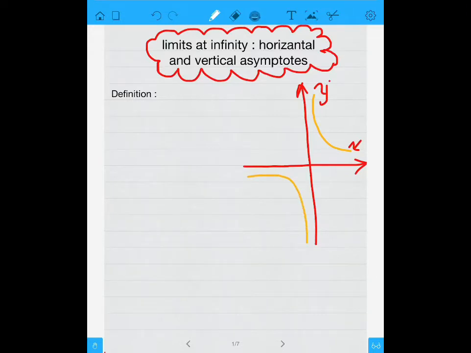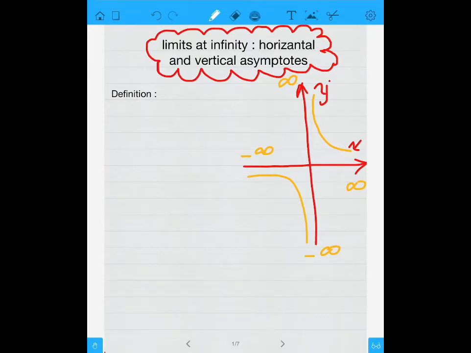We say minus infinity here, infinity here, and we have infinity here, minus infinity here. Remember, here we get close to 0, here also close to 0. We saw these are the asymptotes. The asymptotes, we have two types, a vertical and a horizontal.